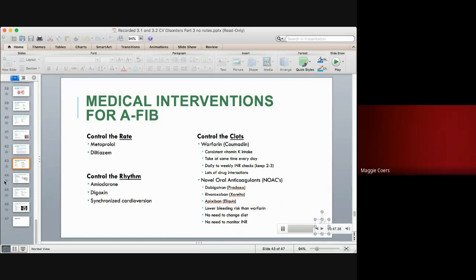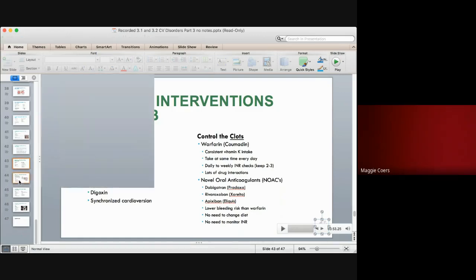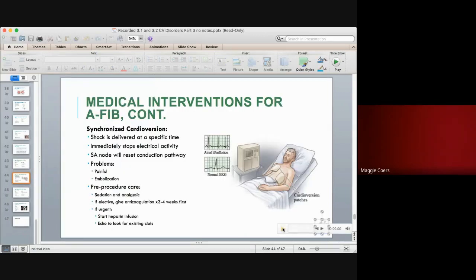I'm going to talk about synchronized cardioversion here on the next slide as a way to control the rhythm. With synchronized cardioversion, we deliver a shock at a specific time that stops that electrical activity, and then it resets that SA node to get that heart beating regular again.